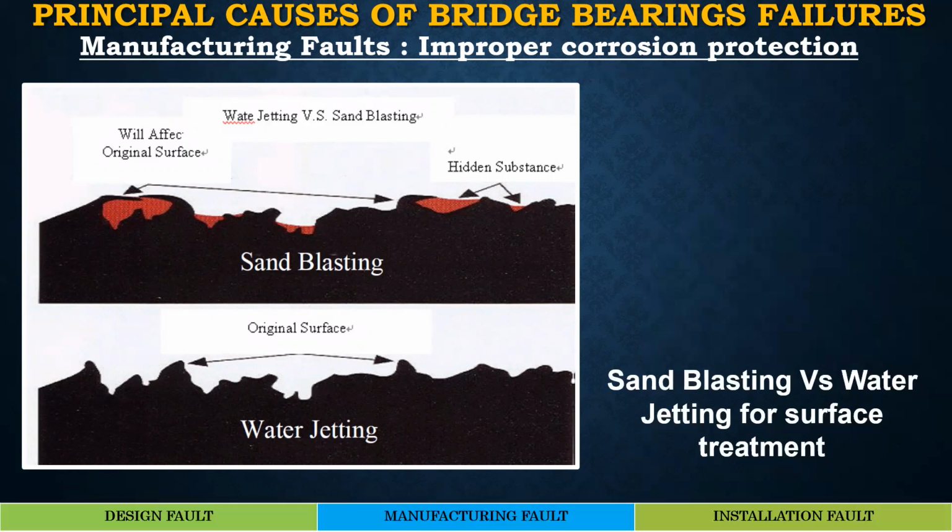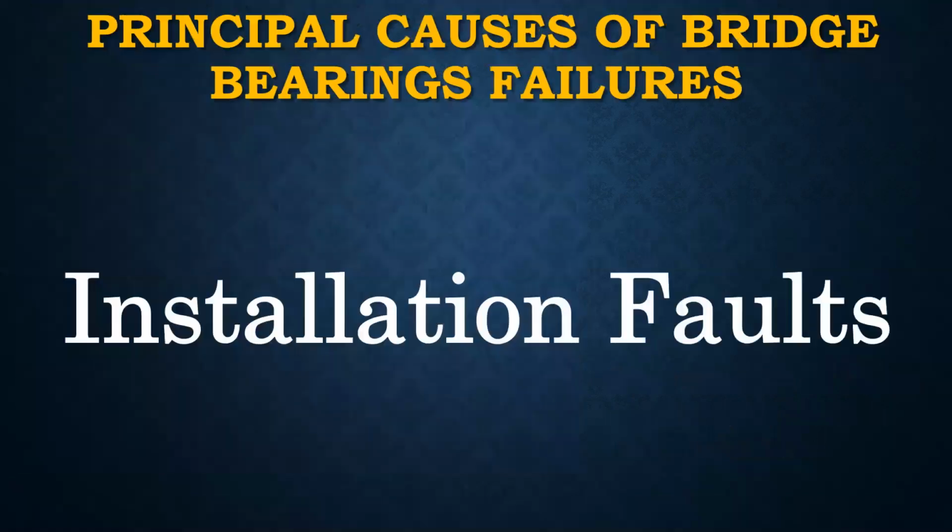These are issues which need to be taken into account in the manufacture and corrosion protection of the bearings. Surface treatment using ultra high pressure water jetting employs pressure of about 172 MPa, that is 25,000 psi, and this is a much better alternative than use of sandblasting.